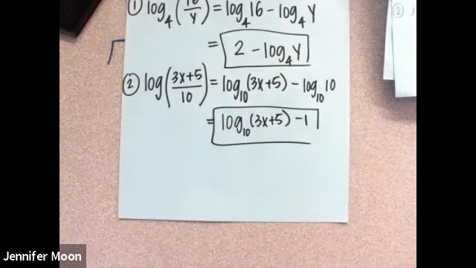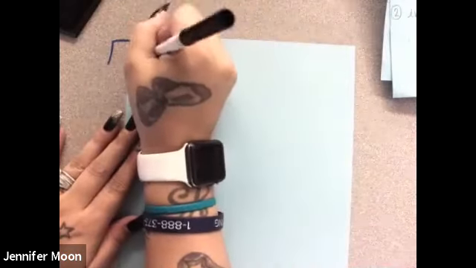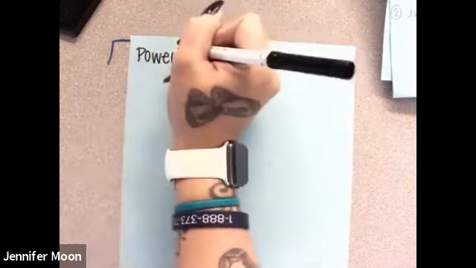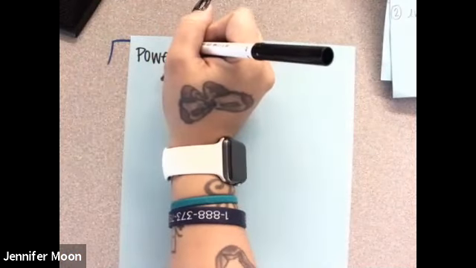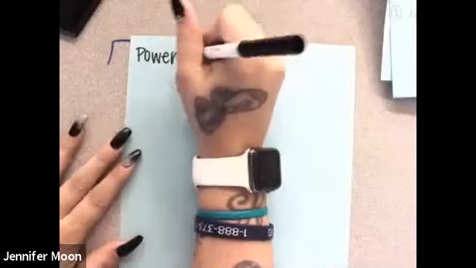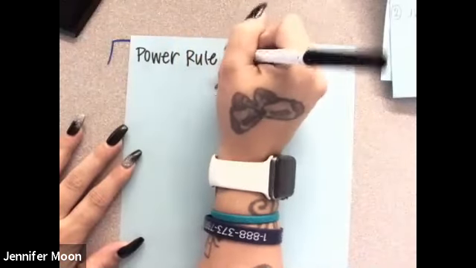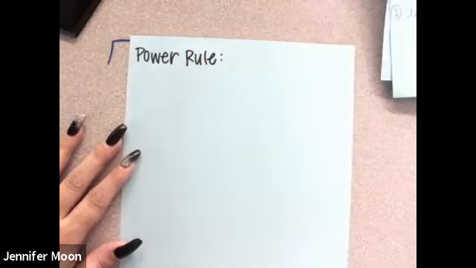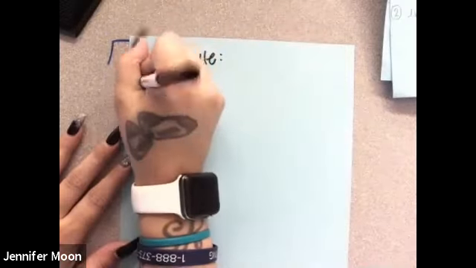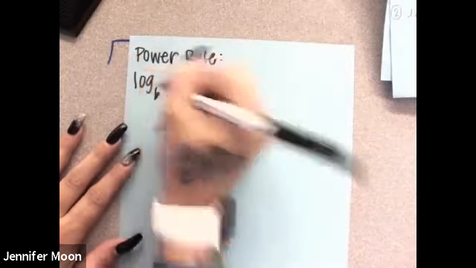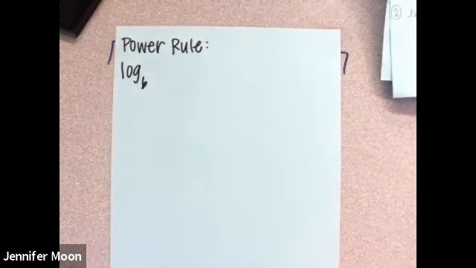Okay. We're going to do the power rule. I have a fourth thing written on the board in case we needed to refer to it, okay? The power rule states that if I have log base b, that's an ugly b, y'all, but that's a b, right?